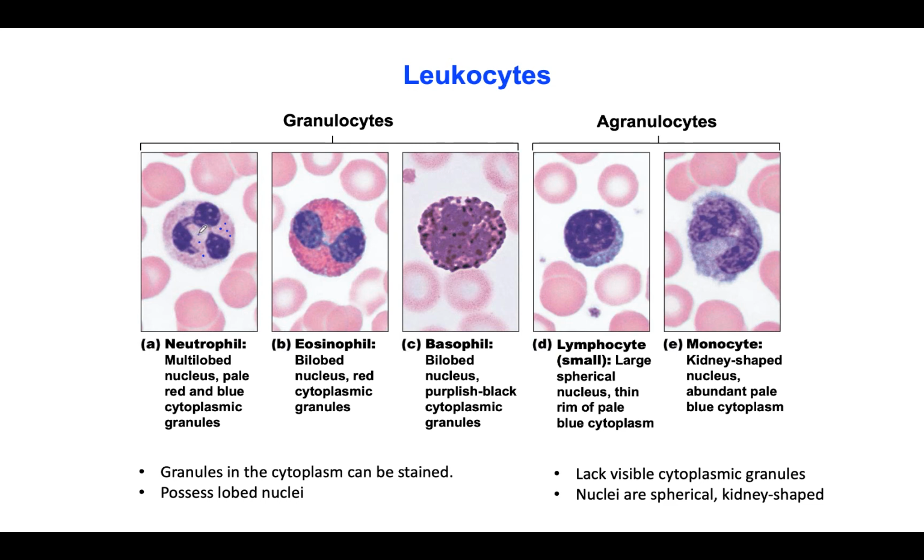Those granules are stained red in eosinophil. In neutrophil, they are stained pink or purple, and basophil is stained purple. Agranulocyte lack visible cytoplasmic granules. There is no granule in the cytoplasm.